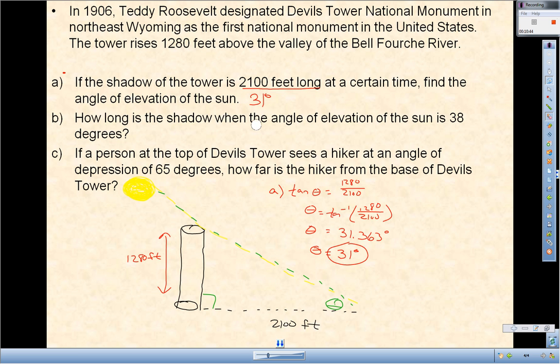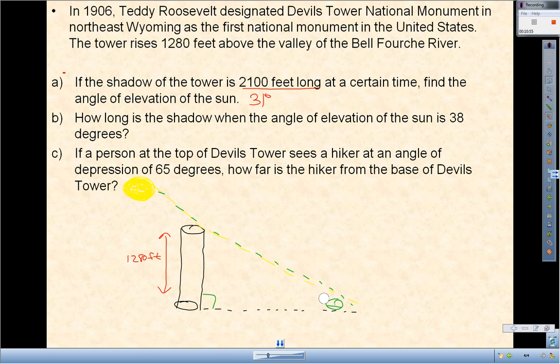How long is the shadow? So let's say we don't know how long the shadow is when the angle of elevation of the sun is 38 degrees. So this time we're going to change it up a little bit. The tower hasn't changed sides, but this now is 38 degrees, and it wants to know how long the shadow is. Well, I'm still going to have to use tangent, but this time it's going to be set up differently. Tangent of 38 degrees equals 1280 over x.